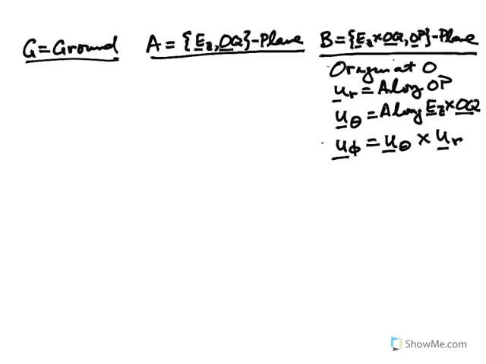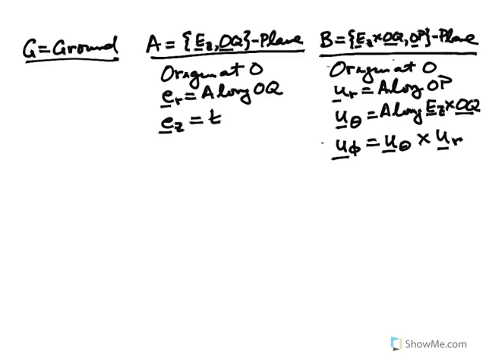So now, let's look at the coordinates fixed in frame A. So this is the EZ-OQ plane. What I'm going to do is define a few directions here. I'm going to define ER to be along OQ. I'm going to define EZ to be equal to big EZ, where remember that big EZ was given.